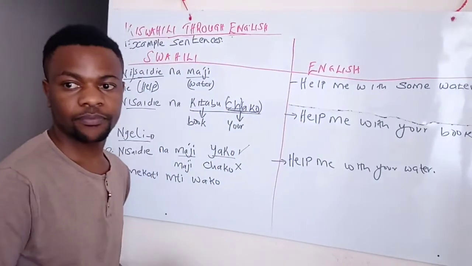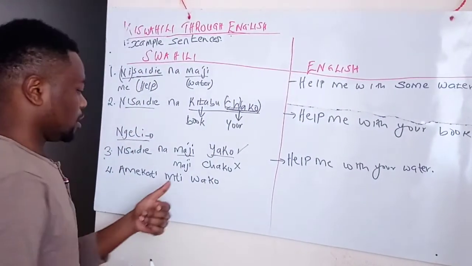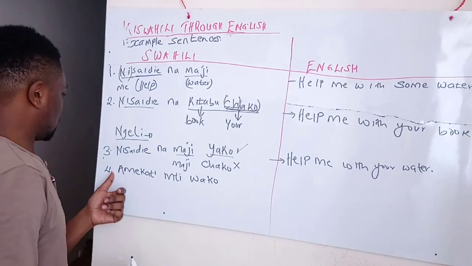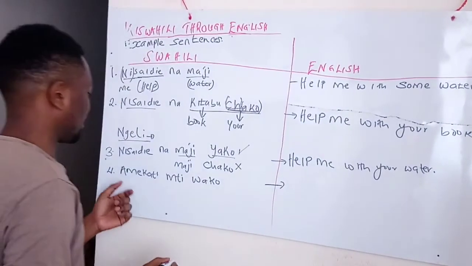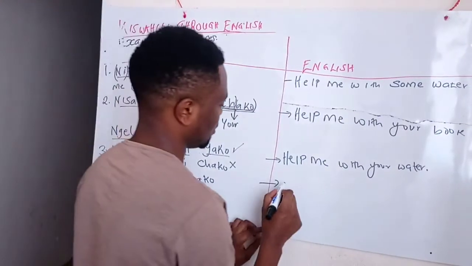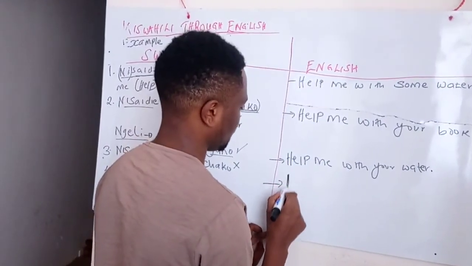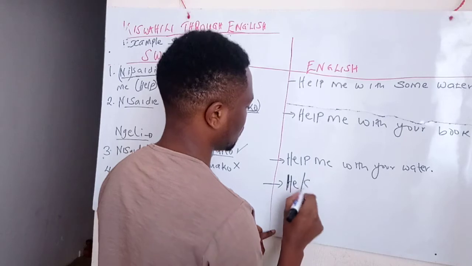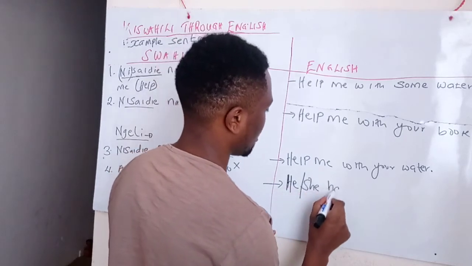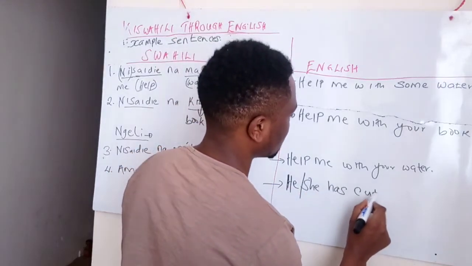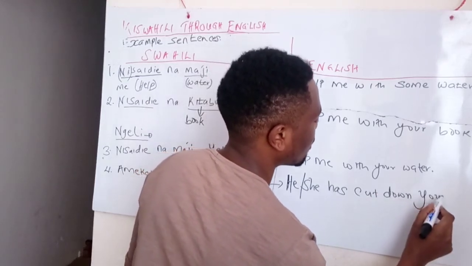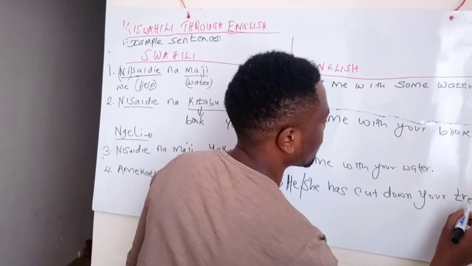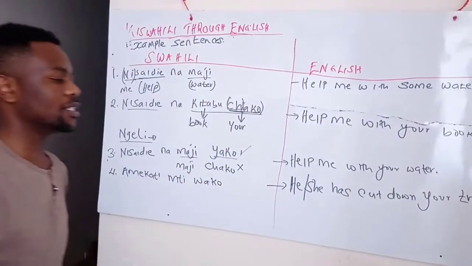In sentence number 4, the meaning of amekata mti wako is he or she has cut down your tree. She has cut down your tree.